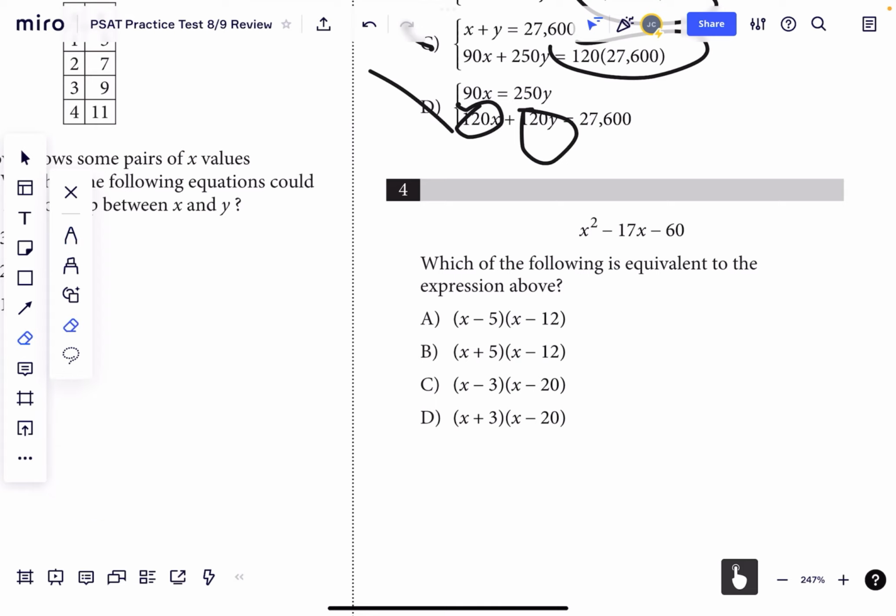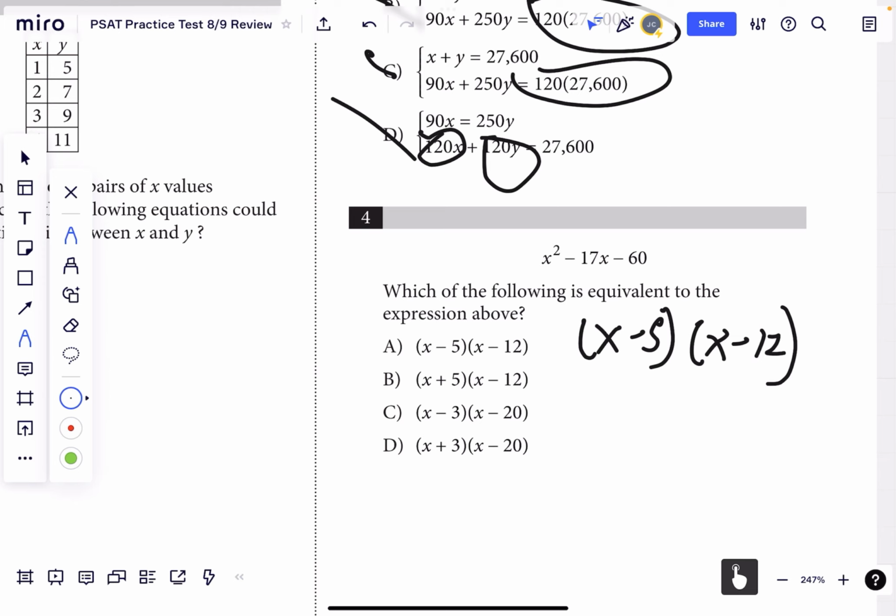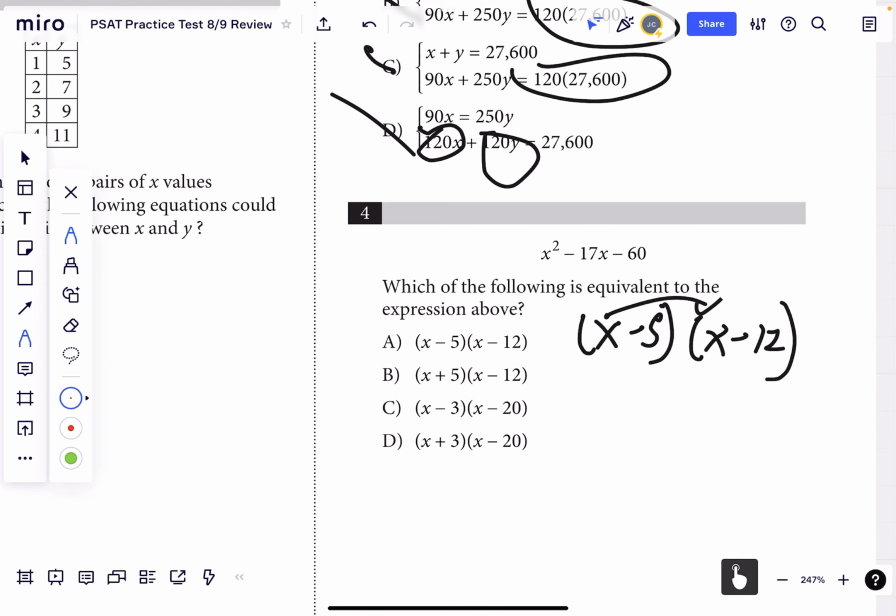Basically, what you've got to do is distributive property. Let me explain. We've got x minus 5. Then we've got x minus 12. So we're going to distribute x to both numbers. So x times x, x squared.